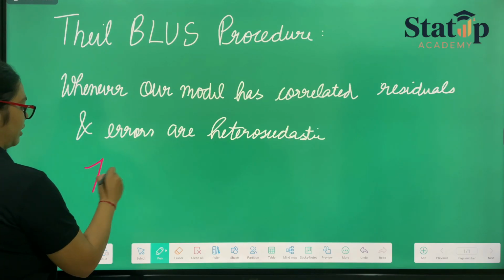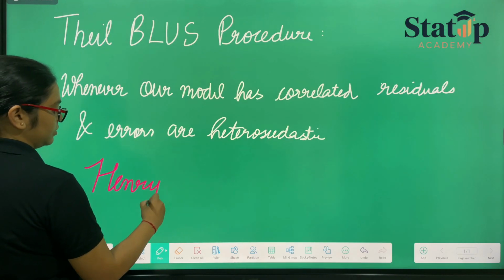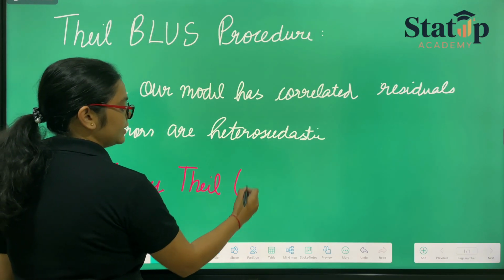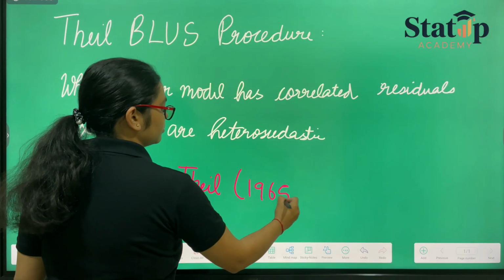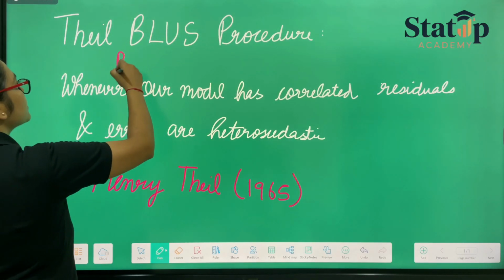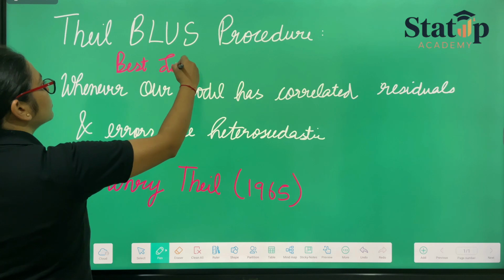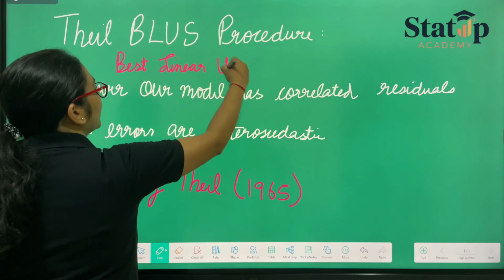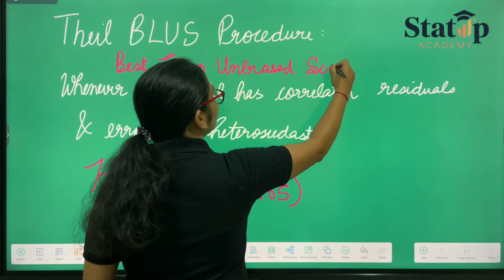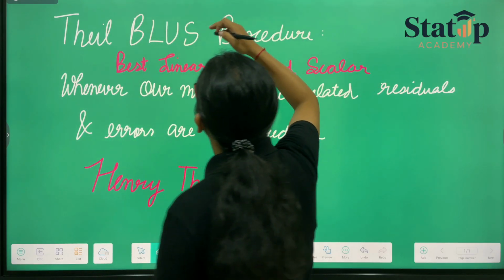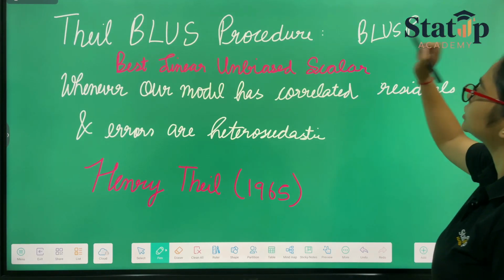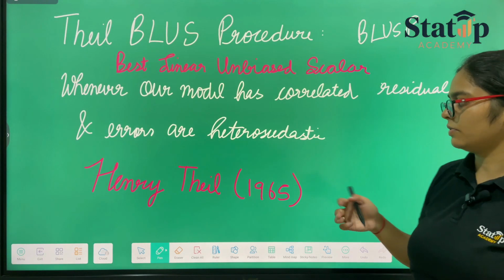It was invented by Henry Theil in 1965, and hence it is known as Theil process. BLUS is best linear unbiased scalar, or this can be written as BLUSP, where P stands for procedure, as we all can see.